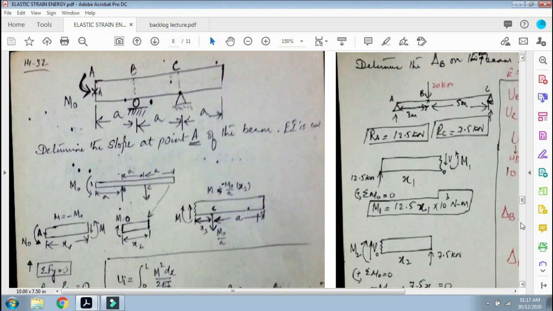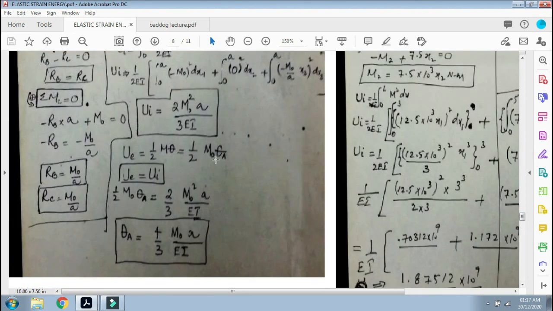So external strain energy equals internal strain energy. External strain energy is half M naught theta A, and internal strain energy is 2 by 3 M naught square a upon EI. From here you can get the slope of this beam as 4 by 3 M naught a upon EI. So this is the slope of the beam.